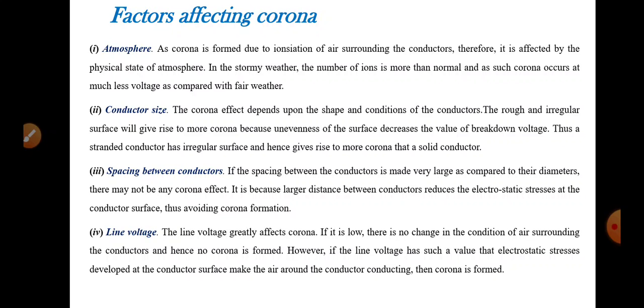And third one is spacing between conductors. If the spacing between the conductors is made very large, corona can be minimized. Then line voltage. Line voltage is also another factor which affects corona. That is, if there is a high line voltage, corona will be more.